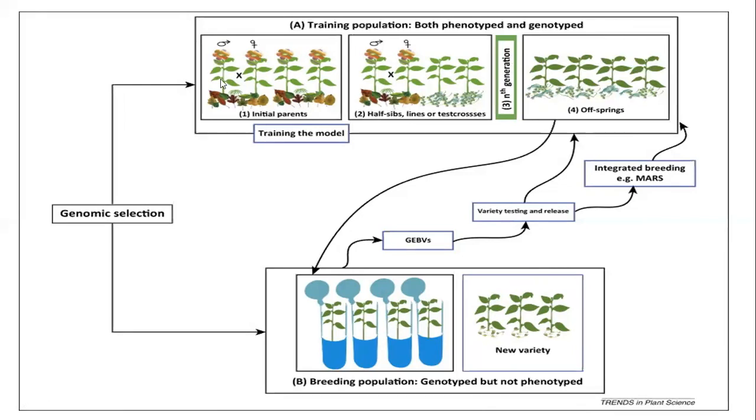This is the breeding population, and after getting the breeding population, the new variety is produced from this breeding population, so that we now have the new variety with the homozygous cell line. So students, this is the genomic selection.